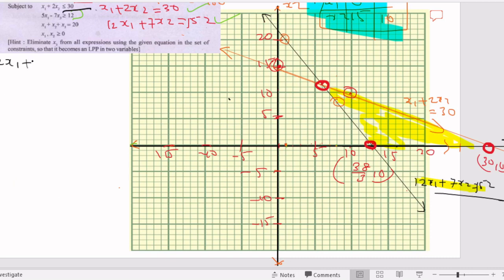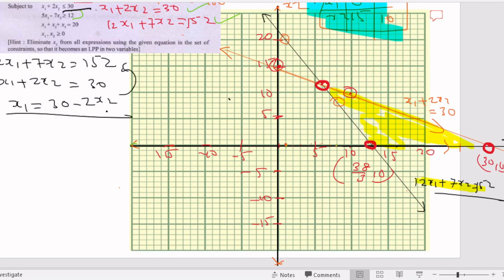The black line is 12x1 plus 7x2 is equal to 152, and the orange line is x1 plus 2x2 is equal to 30. You can substitute x1 equal to 30 minus 2x2 in the above equation using the substitution method. You can also use simultaneous equations, it's up to you.